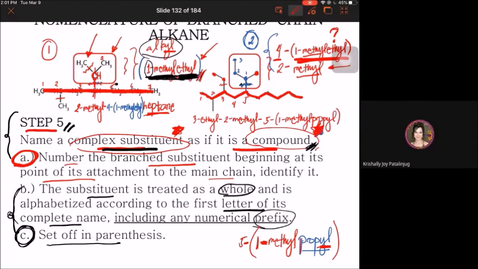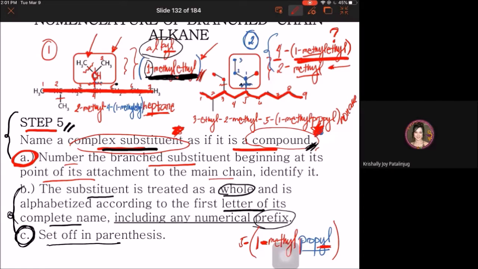Parent, what is the parent? 5, 6, 7, 8, 9, no, nane. Okay, one word lang, no, nane. Okay, so that would be the name of that molecule.